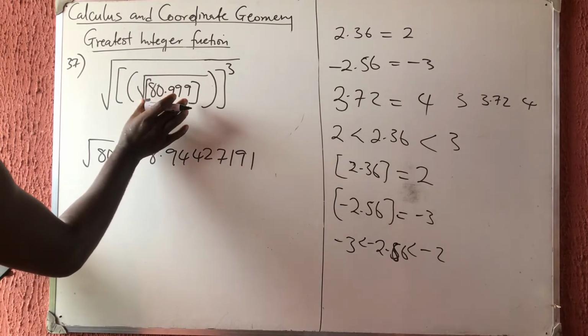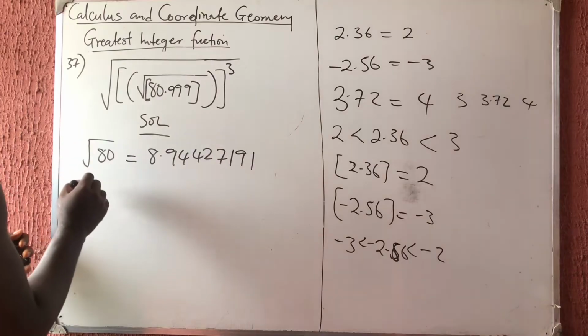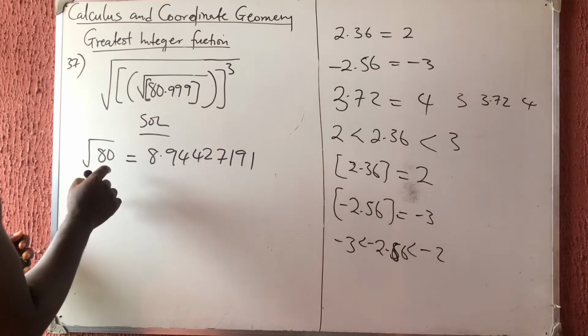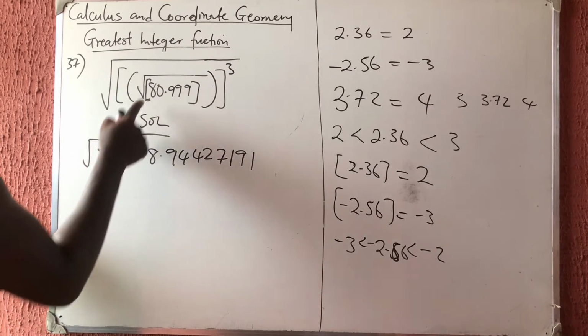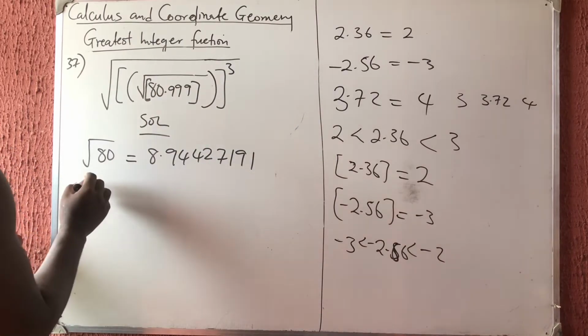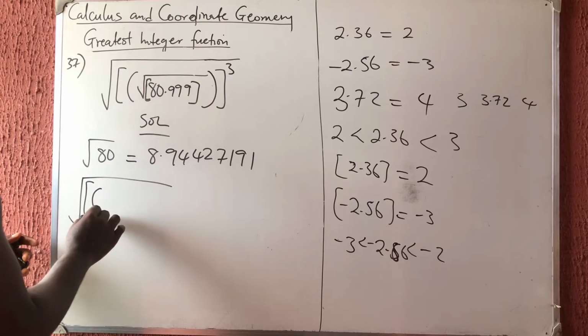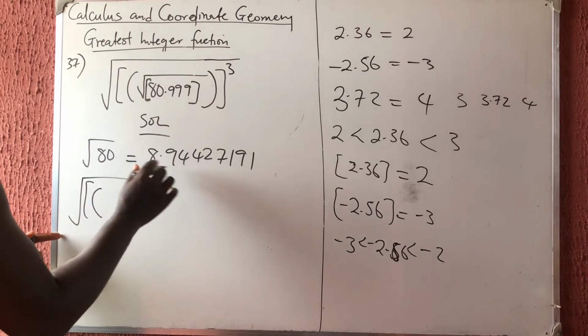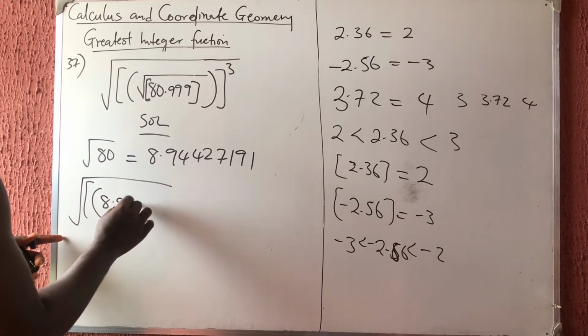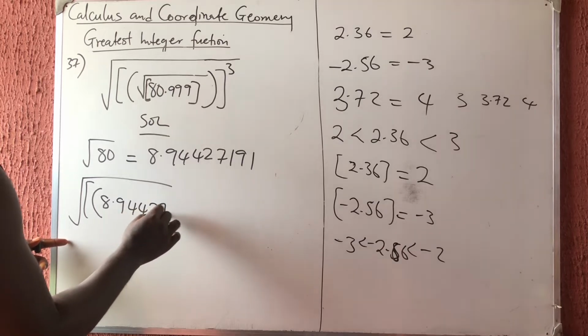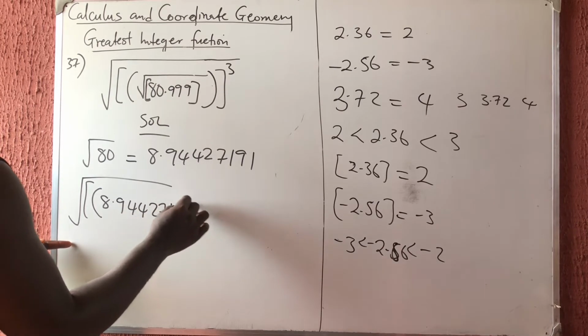Now I have solved the square root, so I take the greatest integer function of this.